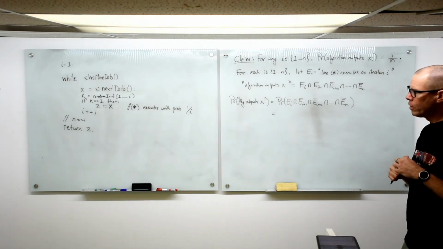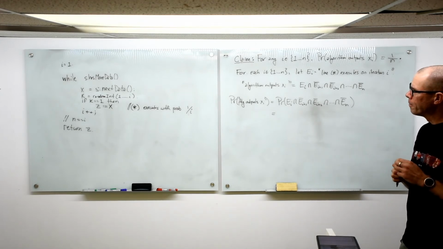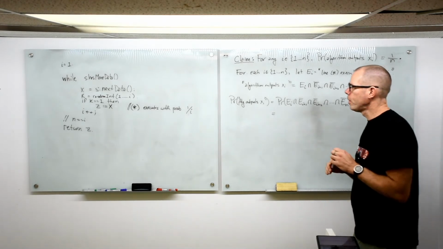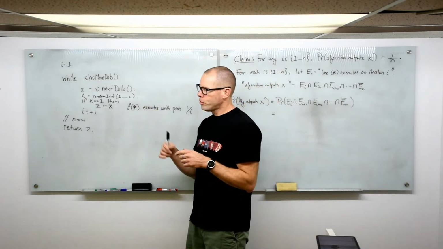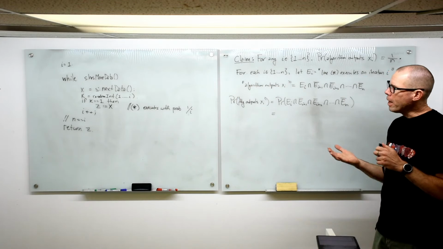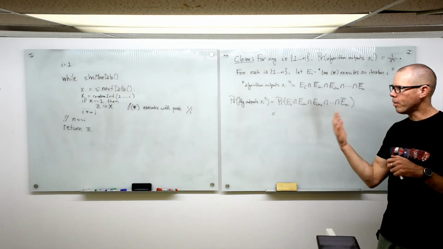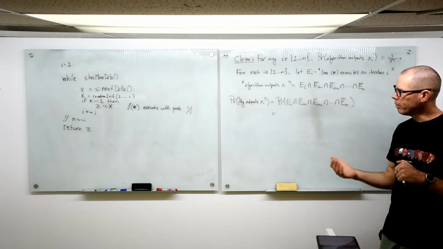But if it's a good one, or we can assume that it's a good one, then the integer that I generate when I execute it the first time should be completely independent of the integer that I get the second time, the third time, and so on.